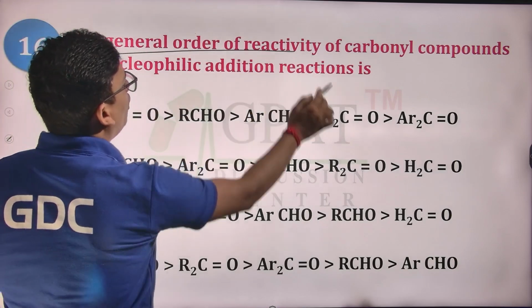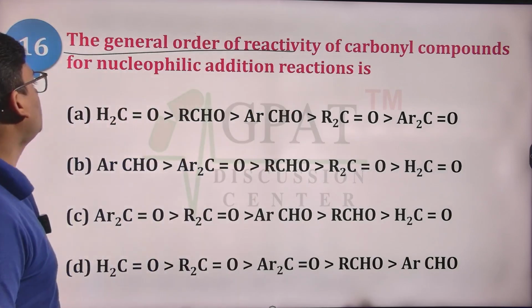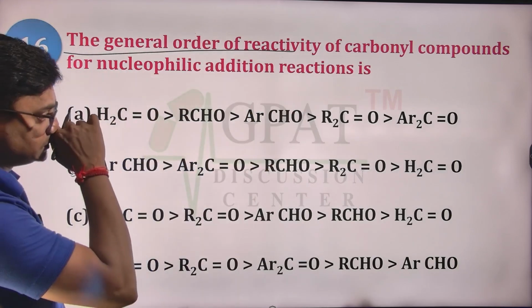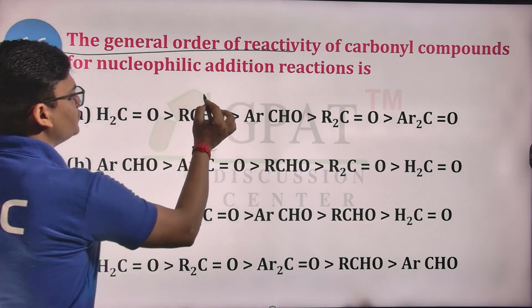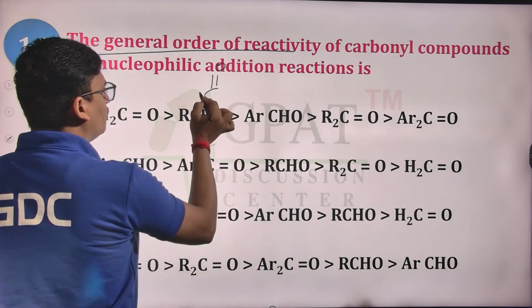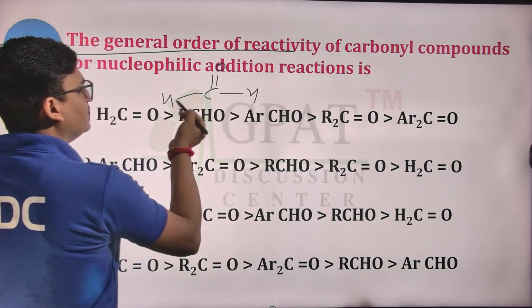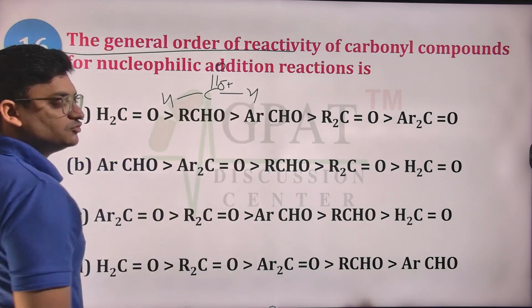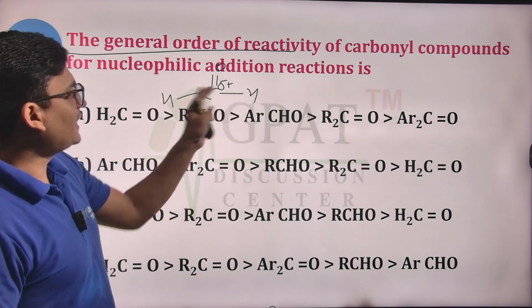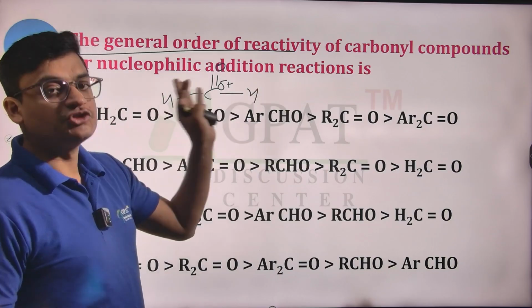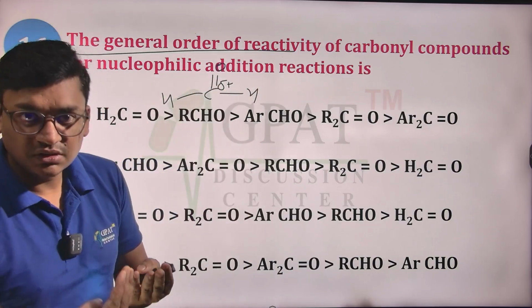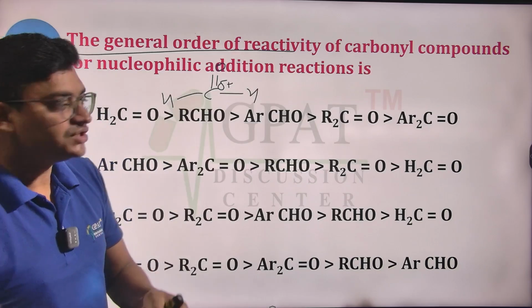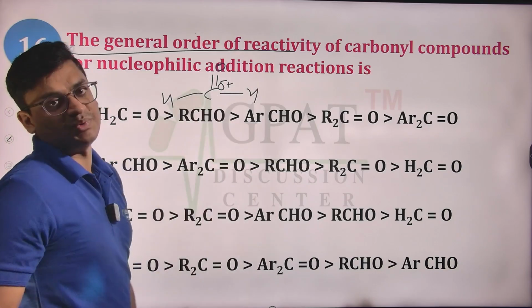The general order of reactivity of carbonyl compounds for nucleophilic addition reactions is, formaldehyde highest reactive due to, suppose we are having carbon double bond O. If we are having a positive charge on carbon, the substituents directly connected with this carbon, if they are plus I groups, electron donating, will be stabilizing this partial positive charge.